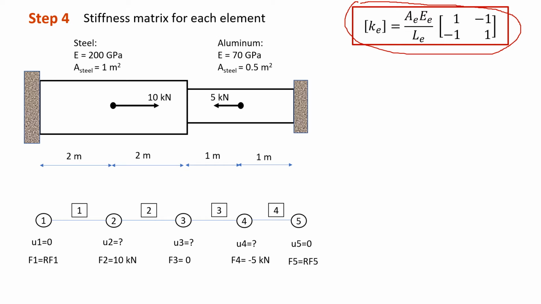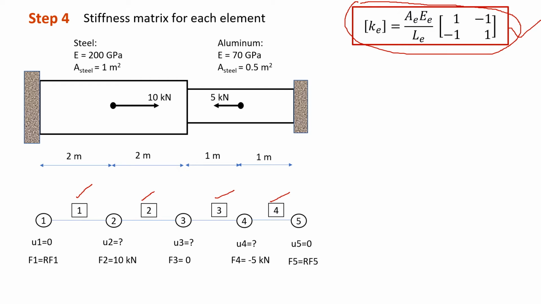We're using the same example, the one that we have defined, 5 nodes with 4 elements. Now we would like to define the stiffness matrix for each element, 1, 2, 3, and 4, by using this equation.